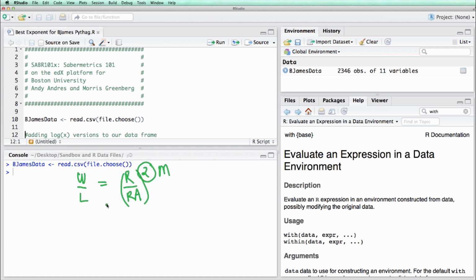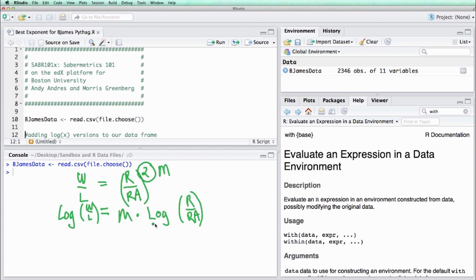So we do a log transformation, which just takes the log of both sides of the equation. So the log of the wins ratio, and we'll keep it wins divided by losses, equals m times the log of the runs ratio.